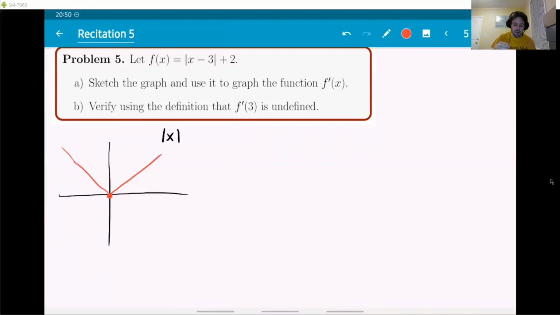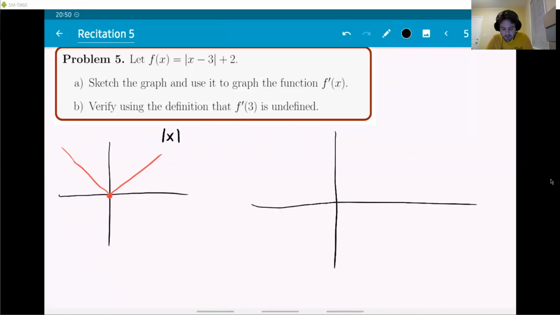So the graph is going to go up by 2 units. Now that's the graph of f of x. Shifted to the right by 3, shifted up by 2. But it retains the same shape. And just keeps going forever.